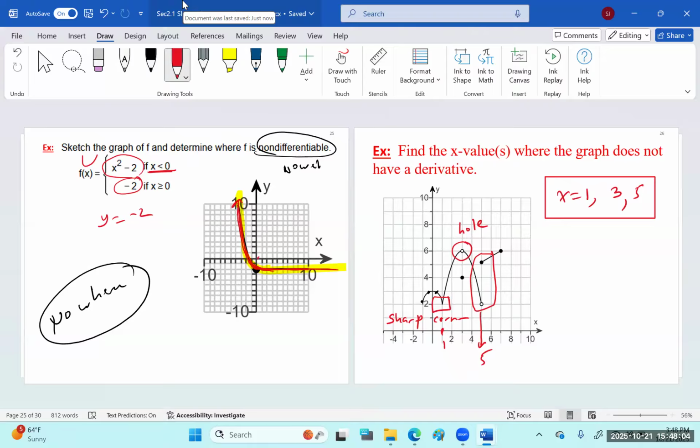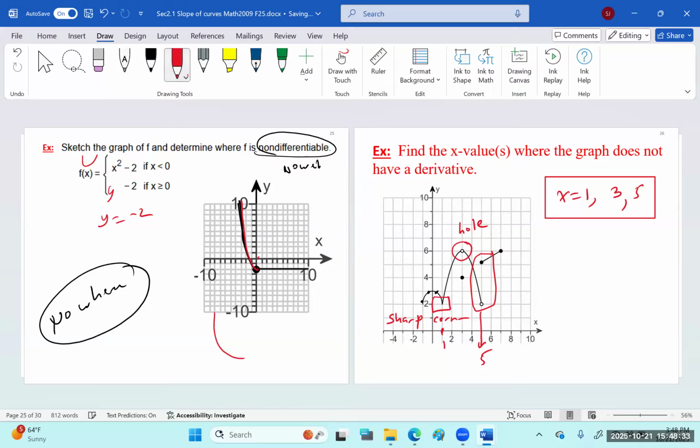When you're sketching it, how do you differentiate if it's a sharp corner or a hole? X squared is a parabola, right? So it's a smooth turn. When you draw your parabola, let me erase all of this. It says before 0, you have a parabola. So it goes like this, because it's smooth, right?